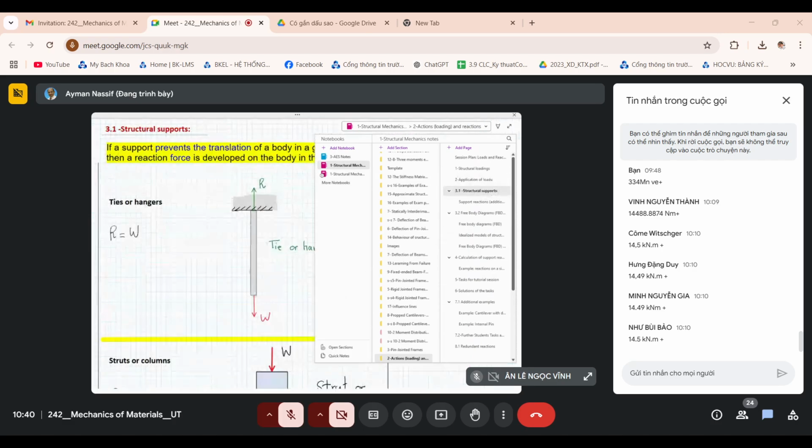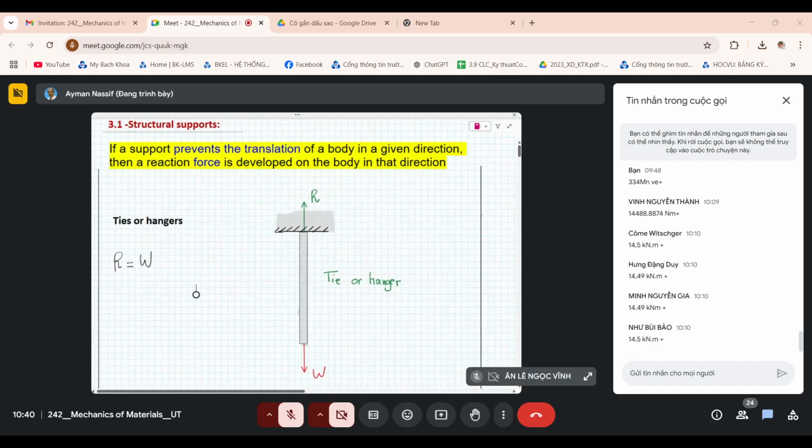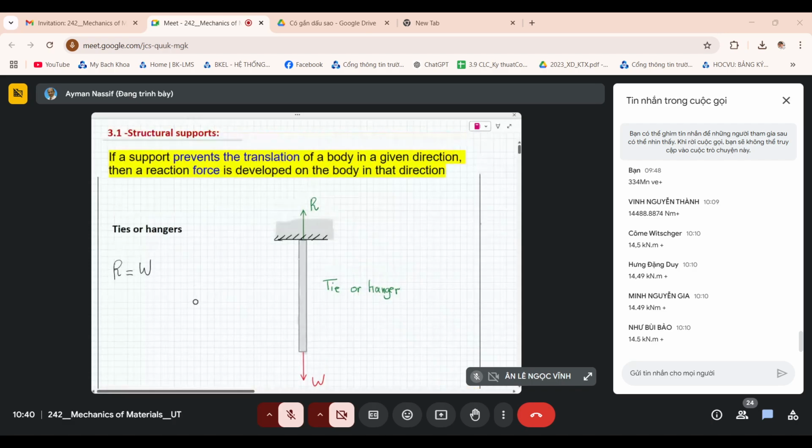So let's now think about how these elements are supported. It's very important to identify support reactions, so structural supports.